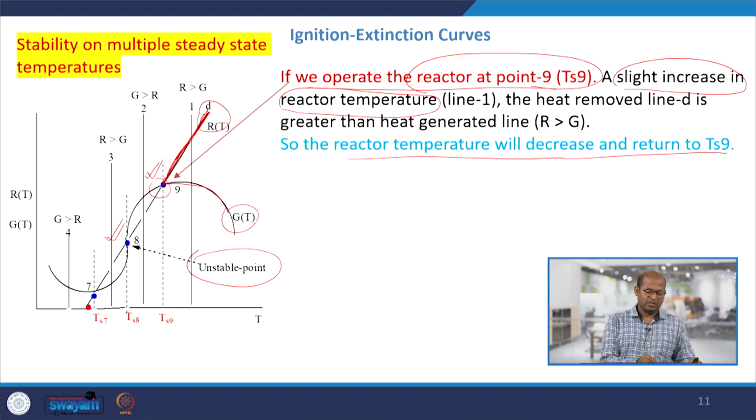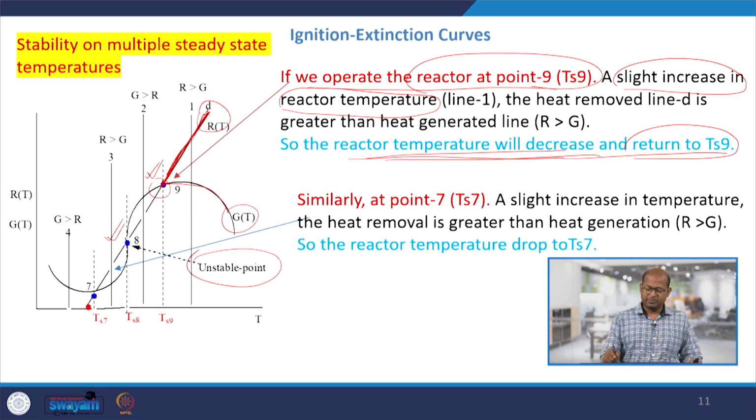So, it would slightly increase and then again decrease to that particular steady state temperature. That happens because heat removal is more than heat generation, therefore there is no impact from a slight increase or decrease in the temperature at this point.